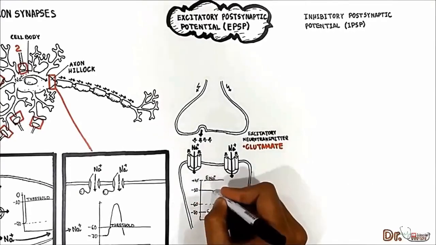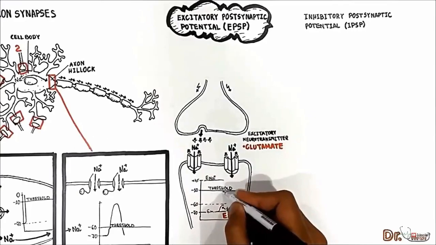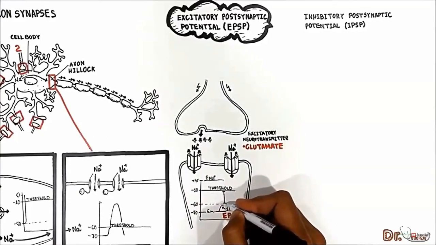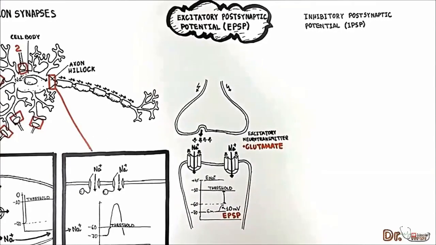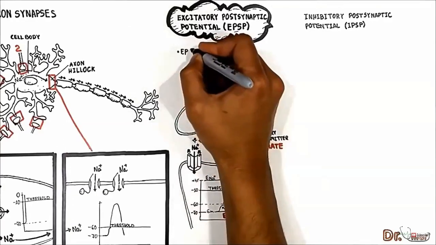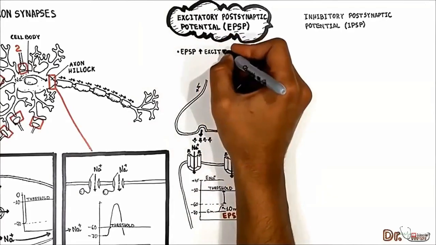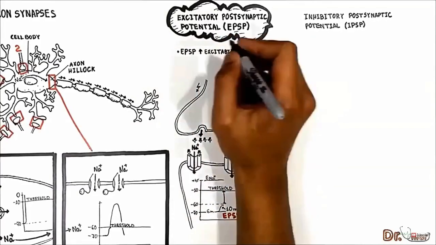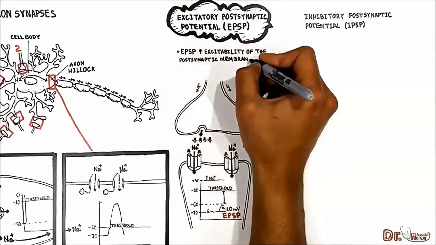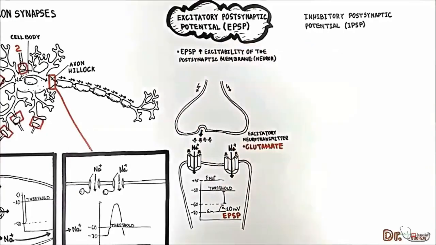Excitatory postsynaptic potential brings the membrane potential close to the threshold potential, which is at negative 10 millivolts. This excitatory postsynaptic potential increases the excitability of the postsynaptic neuron, making the neuron more likely to fire an action potential.